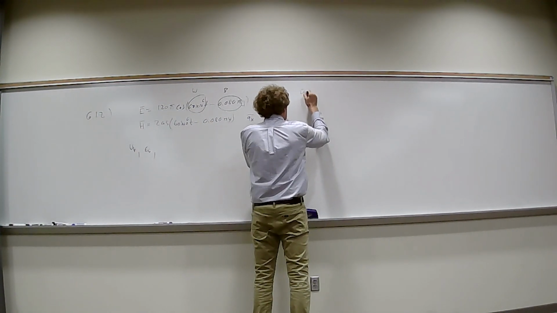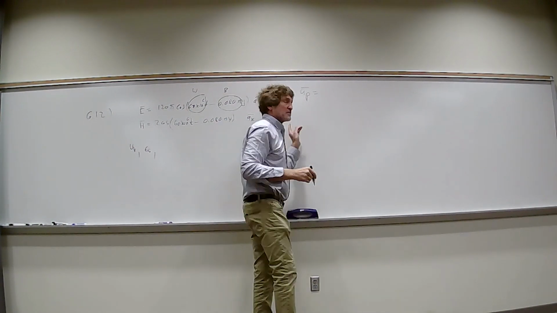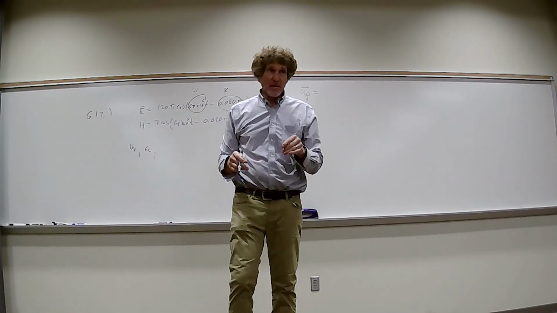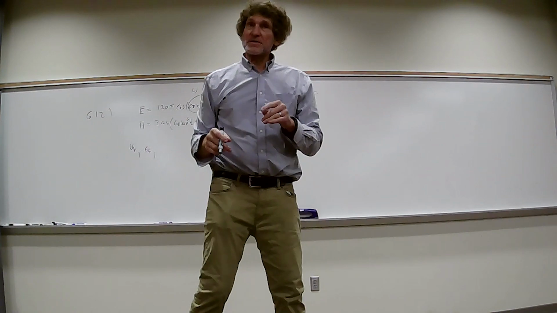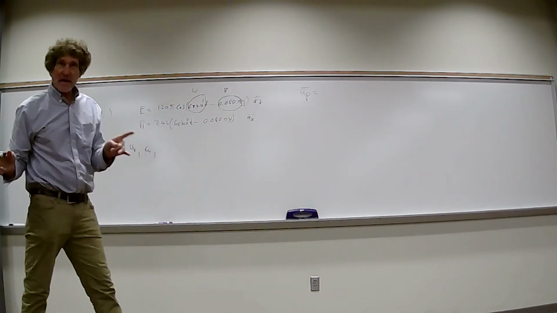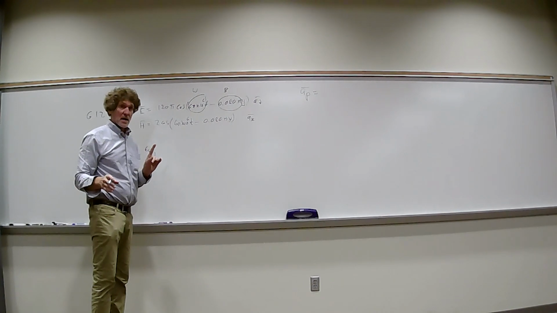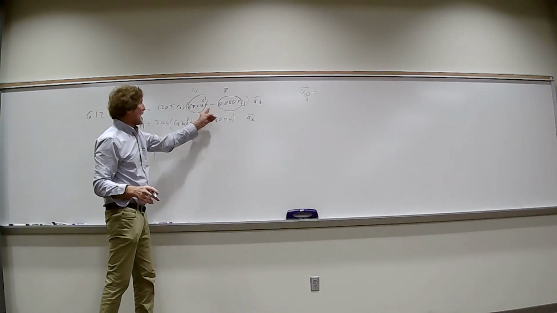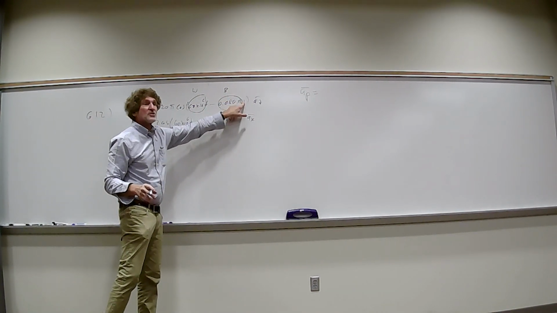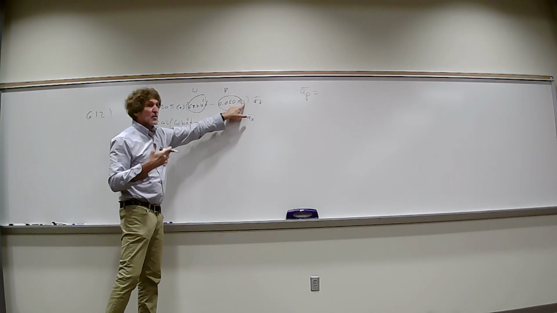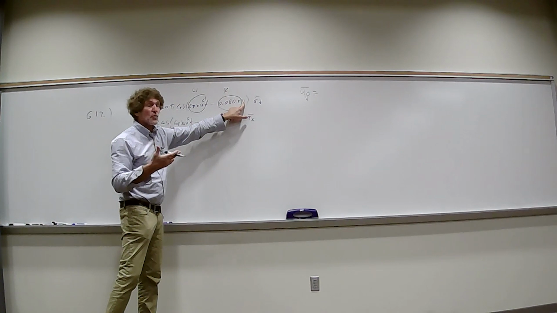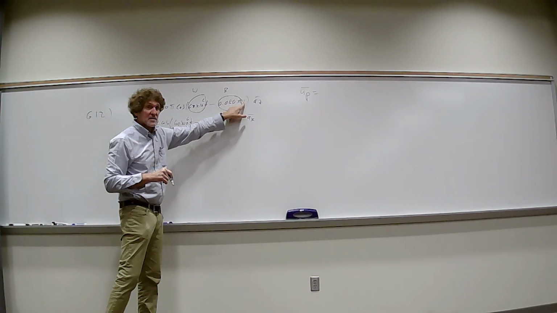I'm going to use a unit vector, and this is a unit vector in the direction of propagation. Can everybody hear me? What direction is it and why? Anyone? Direction of propagation. Why is it that? You're right. Because it's minus beta, and the coefficient here would be the direction of propagation. Here it is y. It could be z, it could be x, or any combination. I'll talk more about that later.